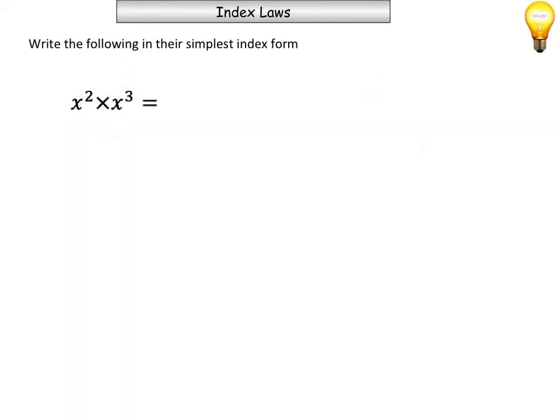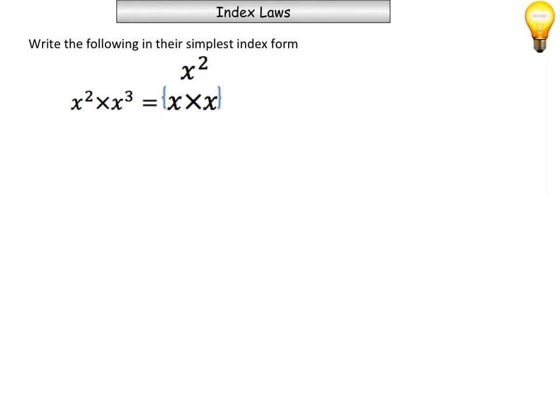Okay, so the way that we need to approach this is first by thinking about, we've got an expression, and our expression says that we've got x squared multiplied by x cubed. And we want to know what that is in a simplified version. So one of the things that we could do is expand both of those out.